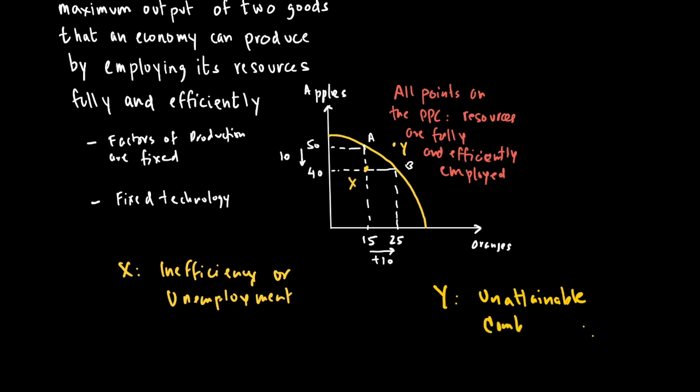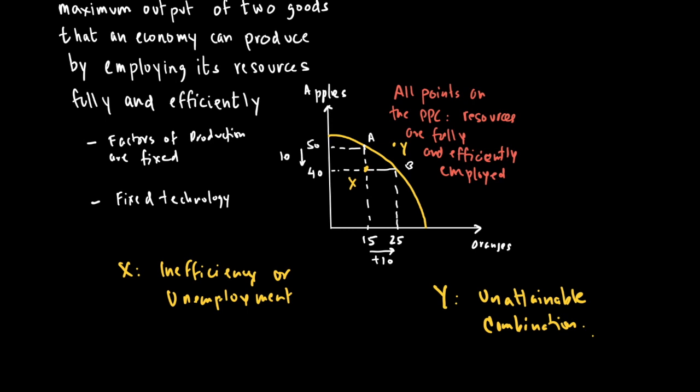With your given resources and with your given technology, you can't be at point Y. It is unattainable. But tomorrow, let's say, if you become better, you might go to Y. But right now, you are stuck at this yellow line, which is your production possibility frontier or production possibility curve.